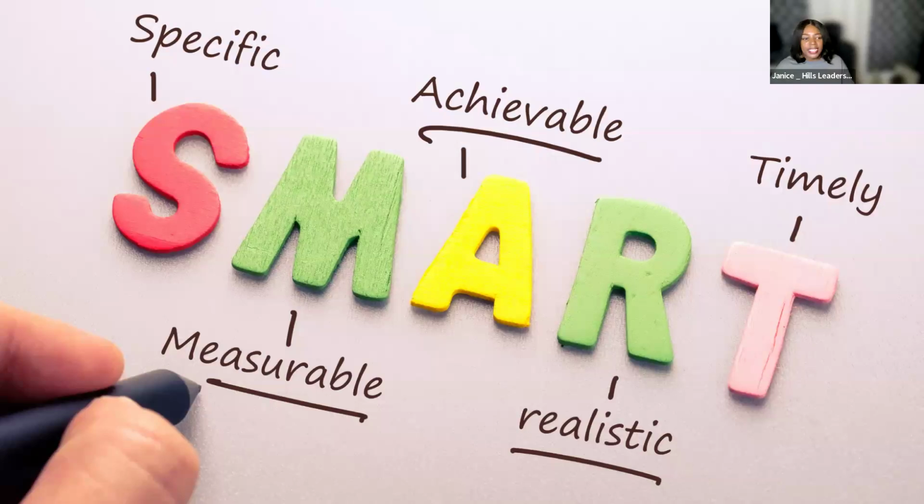Okay, so the R is for realistic, right? That's where we're moving into our next phase. Achievable and realistic. Those two things kind of go together. So when you're looking at the realistic, or how real is this, it really is talking about is this something that I would under normal circumstances and conditions be able to achieve, right?